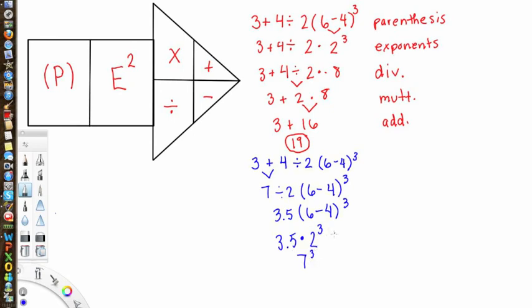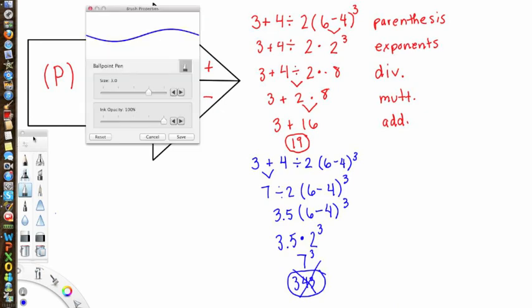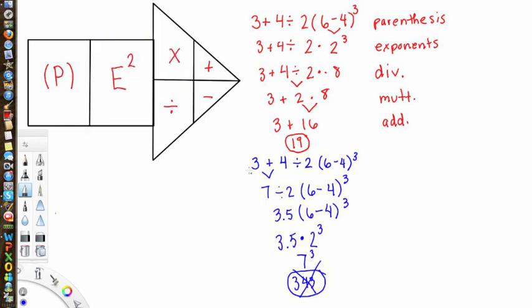And then 7 to the third power, 7 times 7 is 49, and 49 times 7 is 343. Not even close to 19. That is wrong. This is just the wrong way to do math.